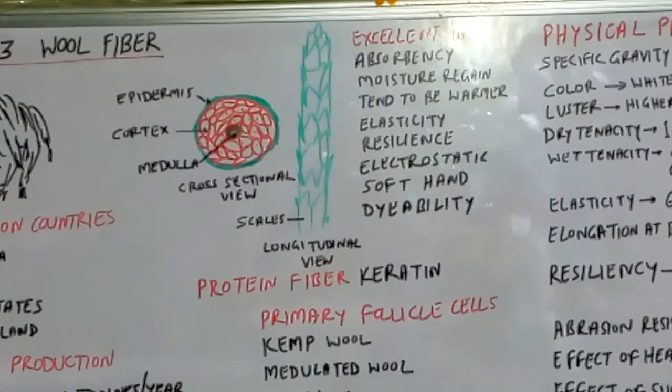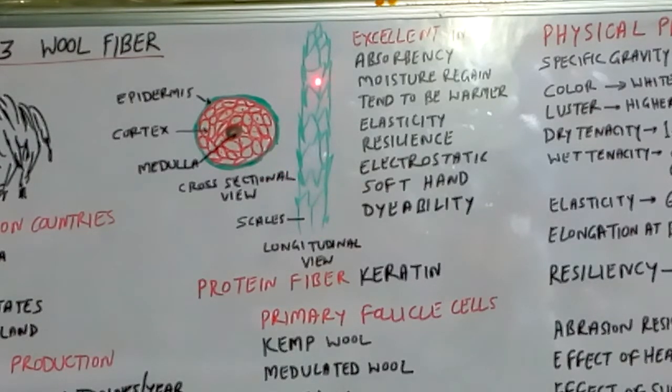But even though it is rough in nature and seems to have scales, the crimp present in this longitudinal area plays an important role in spinning the yarn.